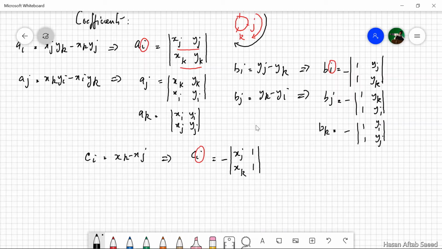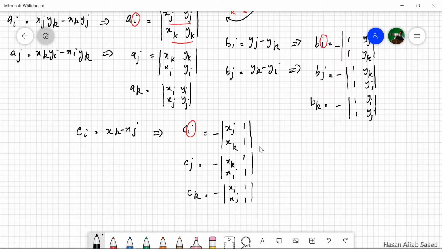Now by the same scheme, you can confirm that cj will then become 1 1 k and I, and ck by the same scheme should become I and j.